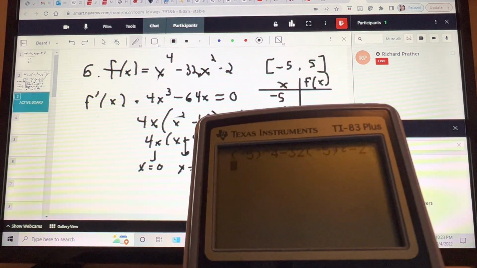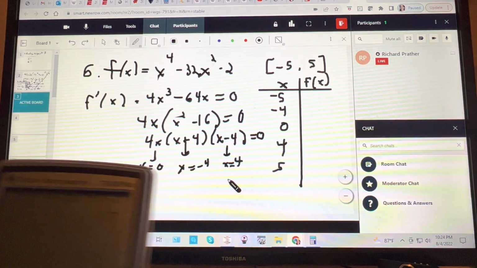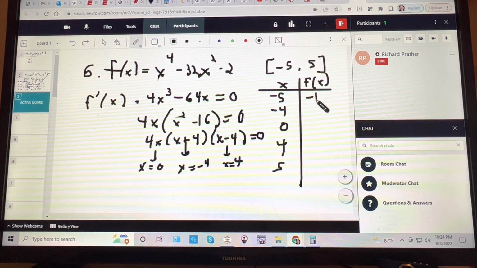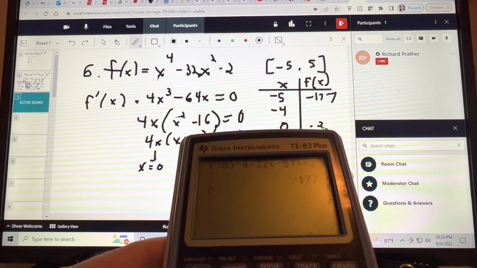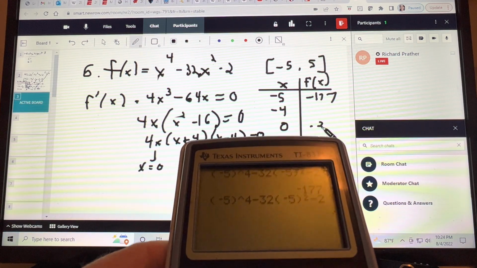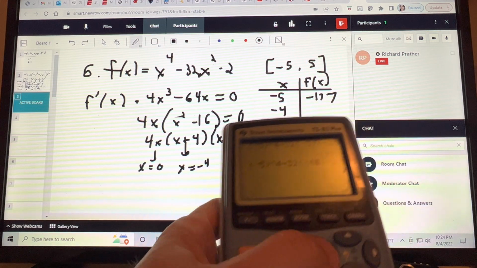So f of -5 is -177. We don't even have to calculate f of 0, it's literally right there, -2. So now I'm going to do f of -4 by pressing second enter, and just back up on top of the 5s and type 4s.